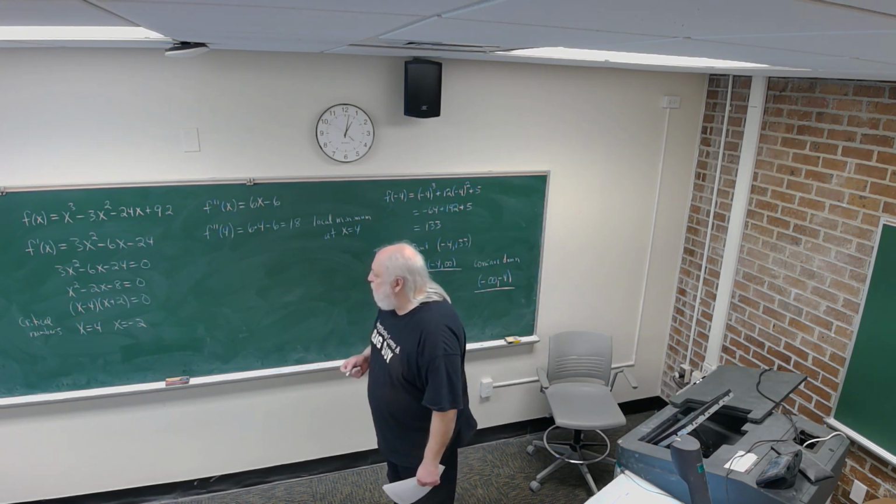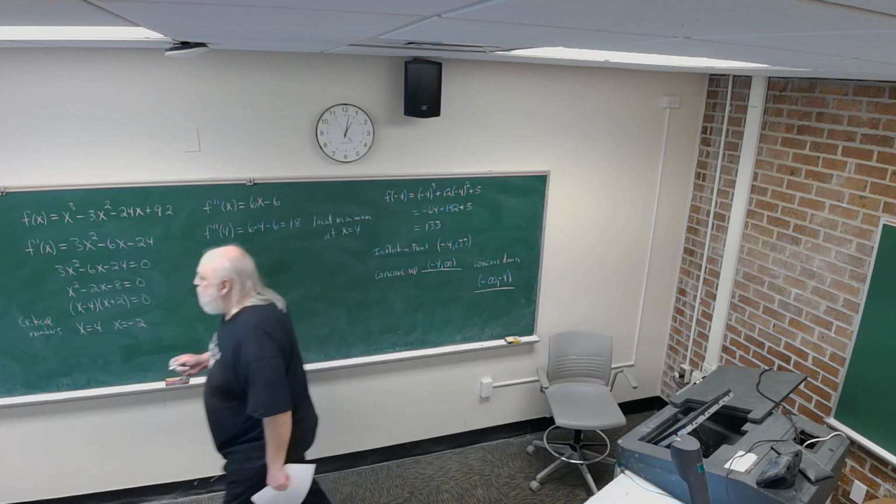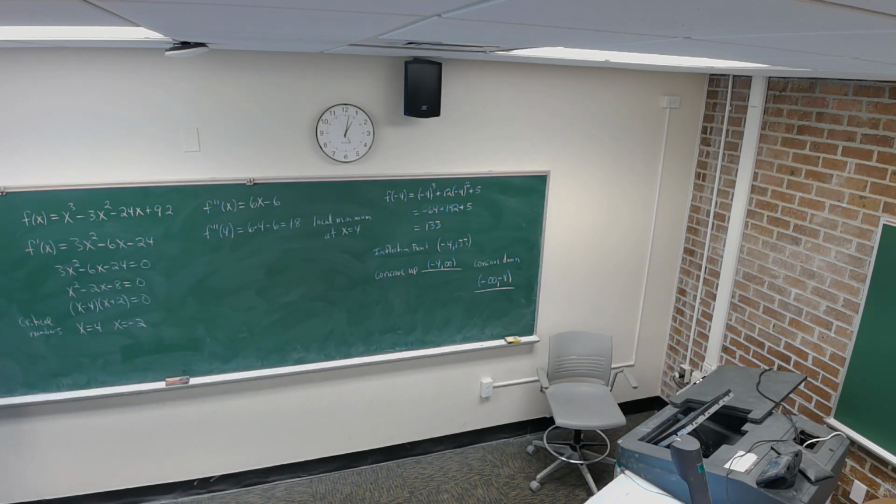And the reason for that, and remember what the graph looked like. The graph looked like something like this. So here at x equals 4, the slope of the tangent line is 0.